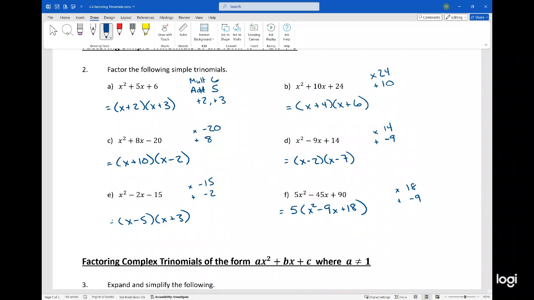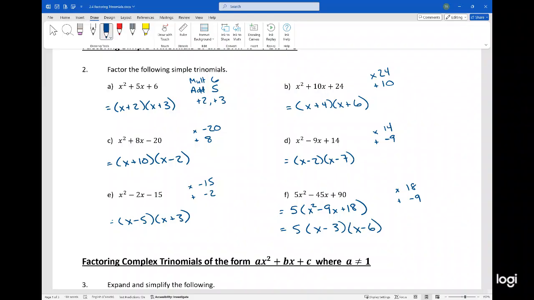Actually, negative 8, negative 1 work, doesn't it? No, that doesn't multiply to 18. Negative 8, negative 1, negative 2 and negative 7, negative 3 and negative 6. Those are the ones that work. Those add to negative 9, multiply to positive 18.